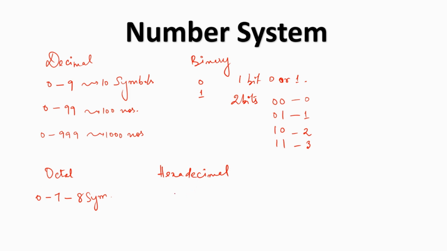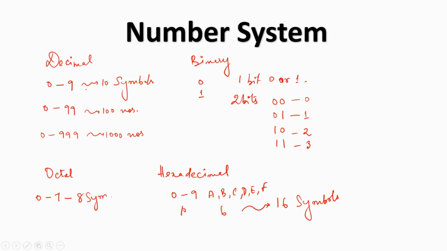It is going to start from 0 and go up to 9, and then it is going to have A, B, C, D, E, and F. So 10 symbols over here and 6 symbols from A to F. That gives us 16 symbols. So we have in hexadecimal 16 symbols, in octal 8 symbols, in binary 2, and in decimal 10 symbols.